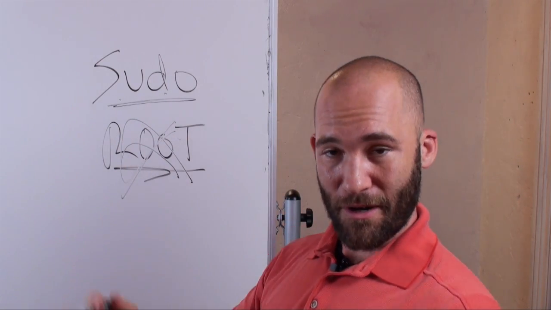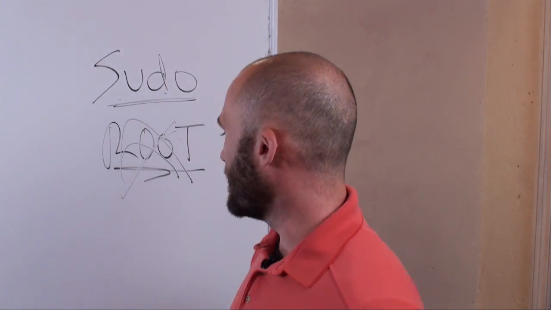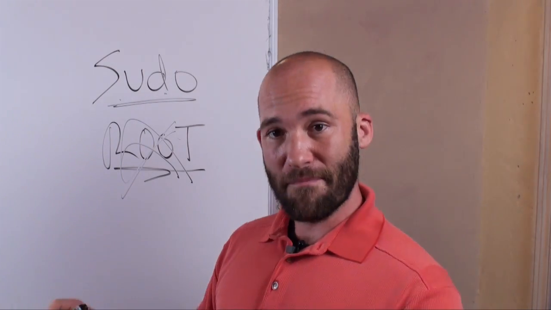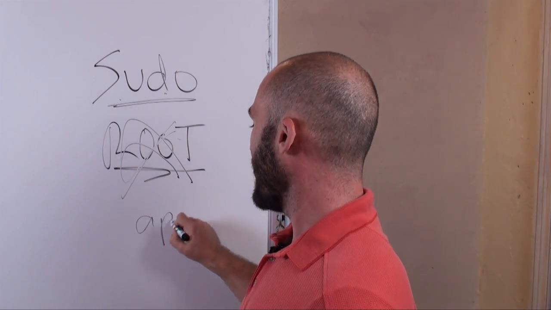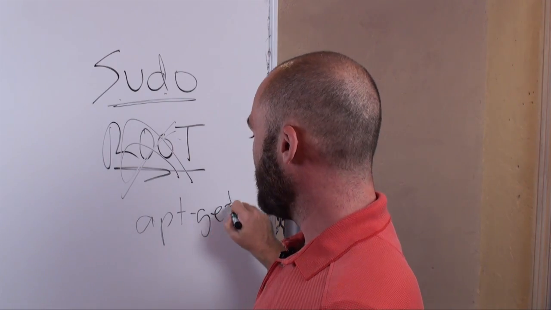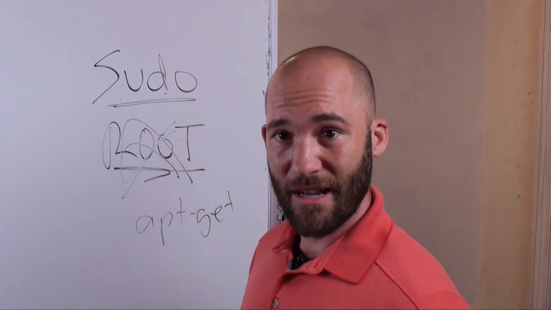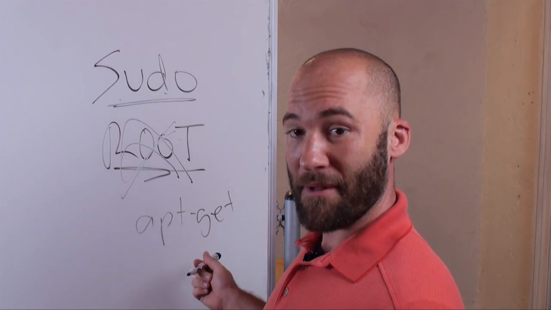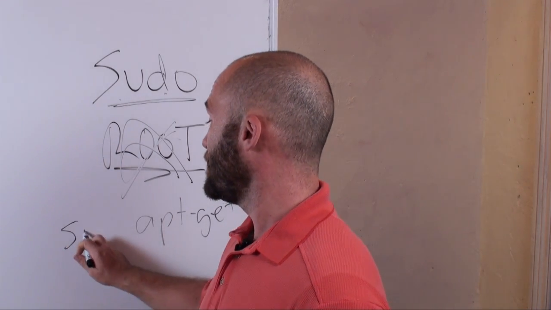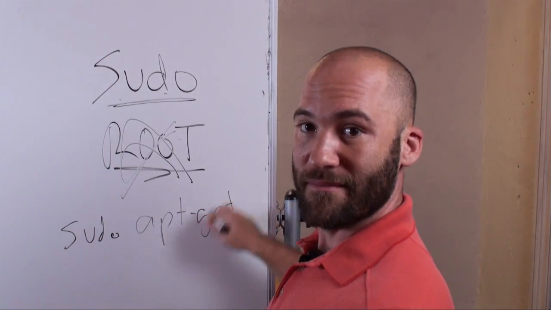If you're going to install a program, like we'll talk about in a minute, the command for installing a program is called apt-get. Well, if you run apt-get, nothing will happen because you don't have permission as your user account to do apt-get. So what you would do is say sudo apt-get, etc.